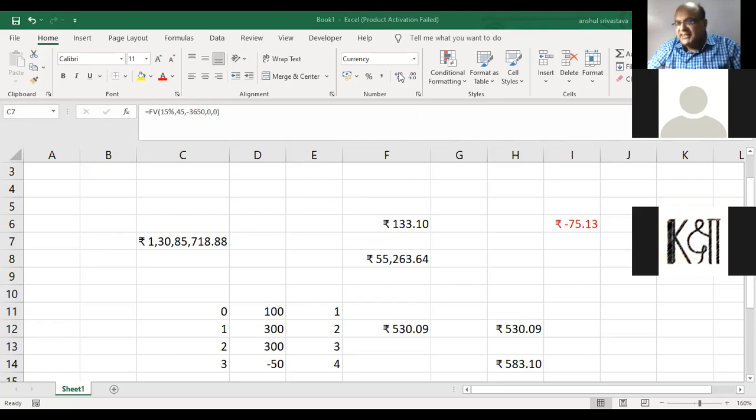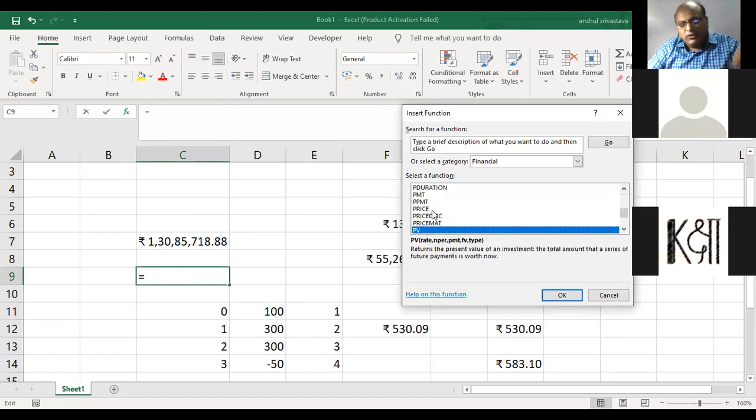My sessions are generally interactive. Many a times, half of the calculation that I do is from the input of the participants. Vijay has said 6%, Nikhil is saying 6%. Yes, my guess is also 6%. So let's take an inflation of 6%.